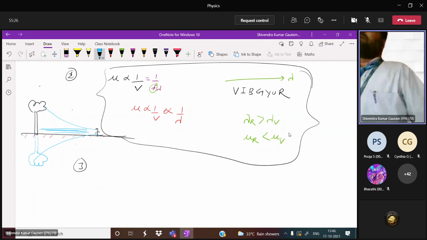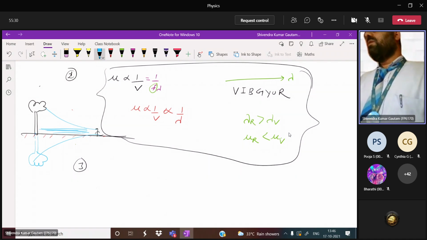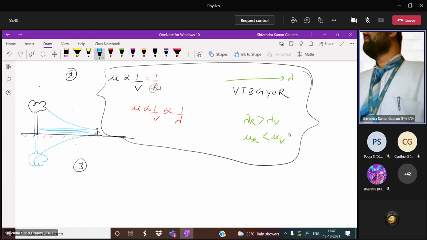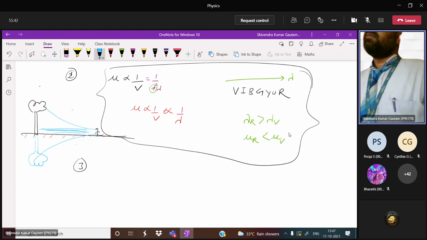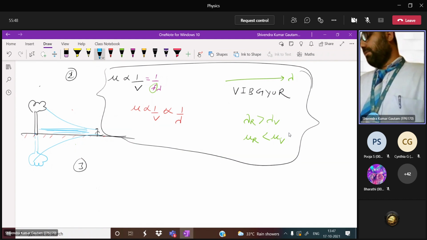What I mean to say is that refractive index also depends on temperature. There is no relation for how mu depends on temperature, whether it is inversely proportional to T or T square. But you have to know that as temperature increases, refractive index decreases. So refractive index is also affected by temperature. Right, one point.